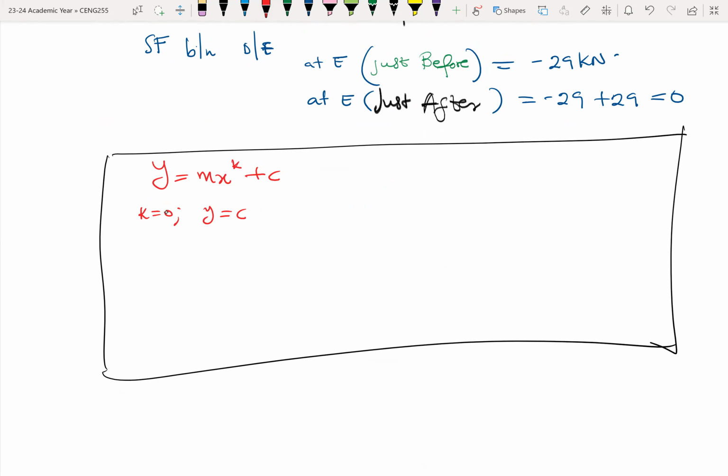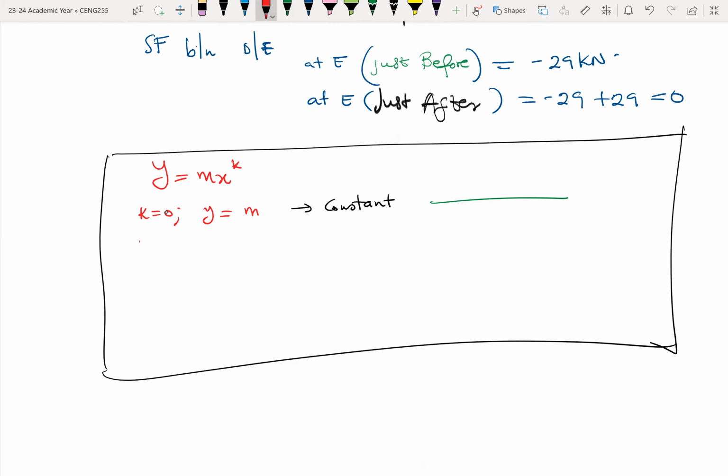Is this c? No, sorry. m plus c. Then that way I can just make it simple by taking away the c. So y is equal to m. And if y is equal to m, then this is a constant. Okay. So normally your line will be a straight line. Okay.